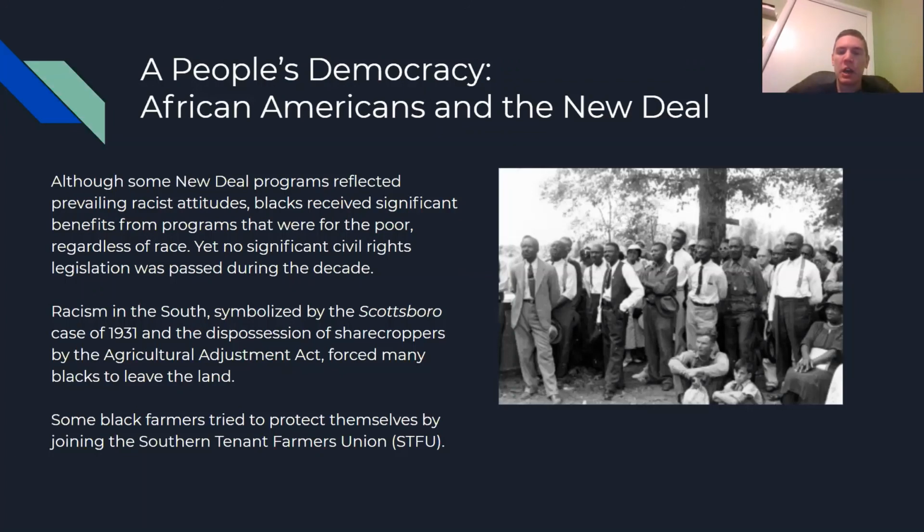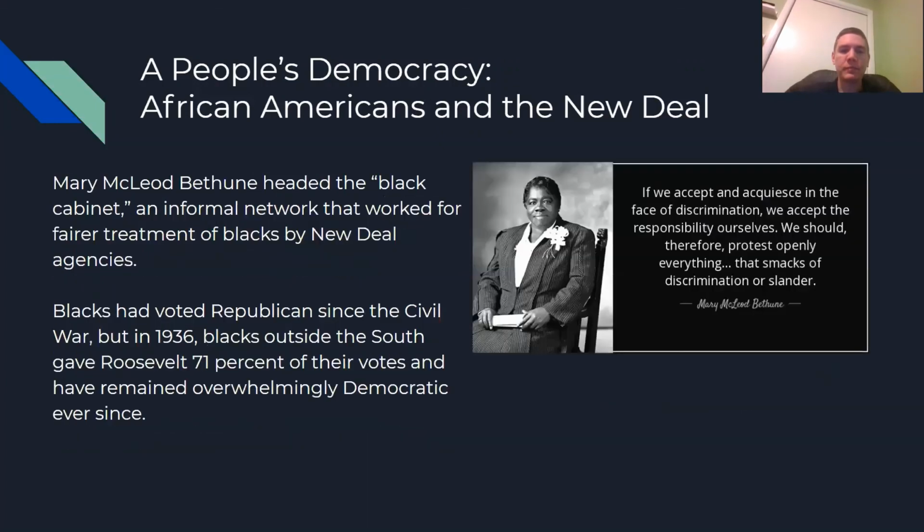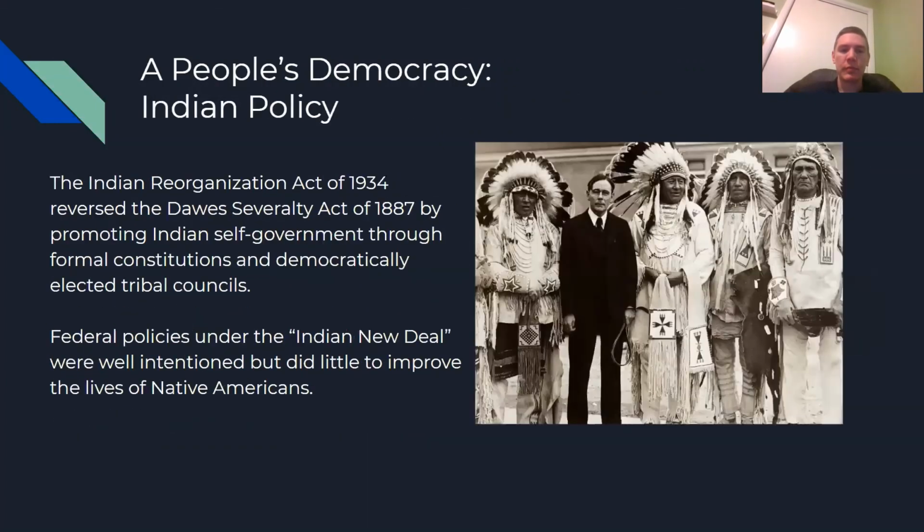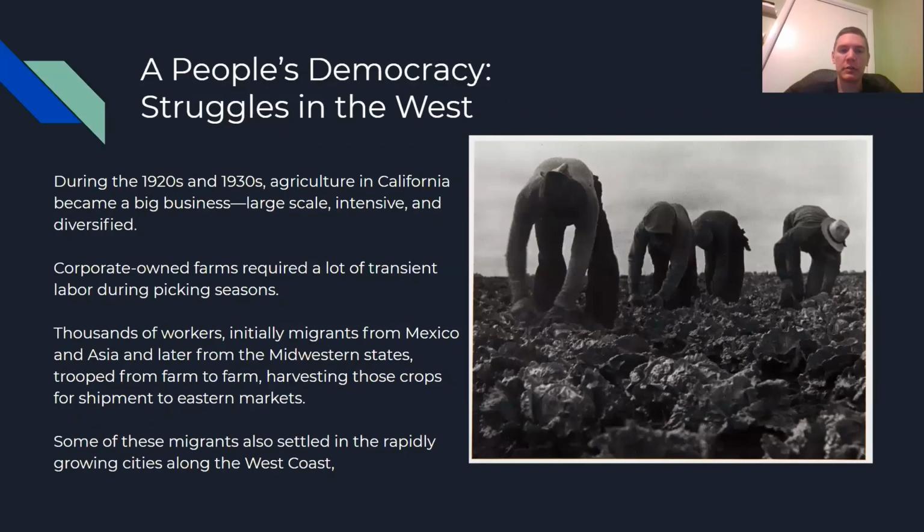FHA was extremely racist in how it segregated Americans. Even when there was a city where there wasn't segregation before this, the FHA required that new apartment buildings that were getting money from them would be segregated. Okay, skipping.